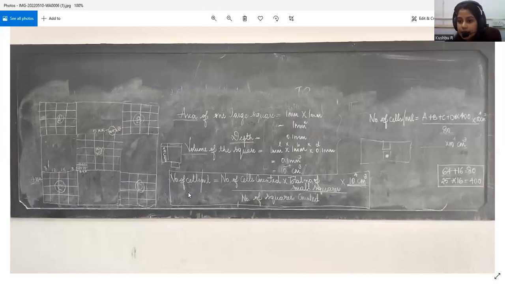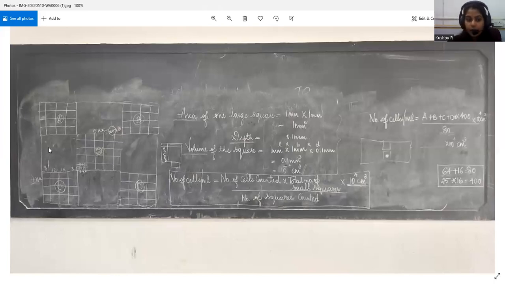To do that, we take up this formula: the number of cells counted into total number of small squares into the volume, divided by the number of squares counted, where the number of cells counted is what we have to count.